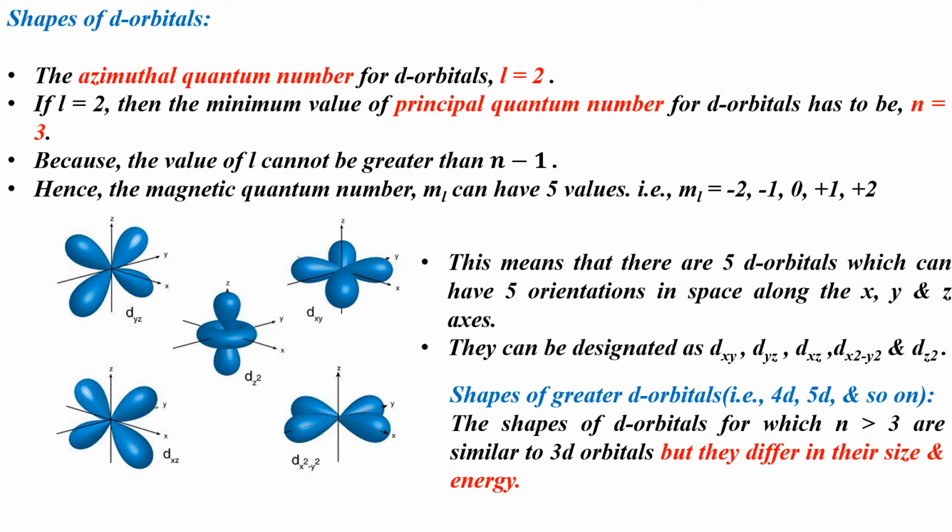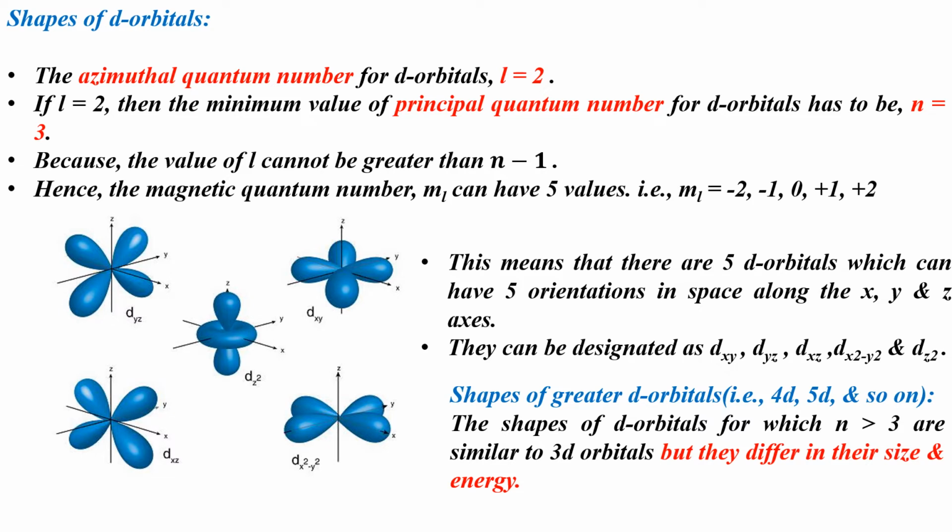Okay. Now, the magnetic quantum number ml can have 5 values. You would have learned how to calculate it from our previous class. You would use the formula 2l plus 1, where you substitute the value of L as 2 and you get 2 into 2 is 4 plus 1, which is 5.